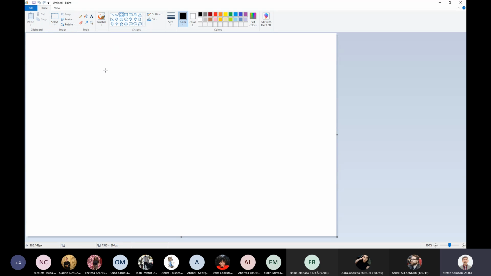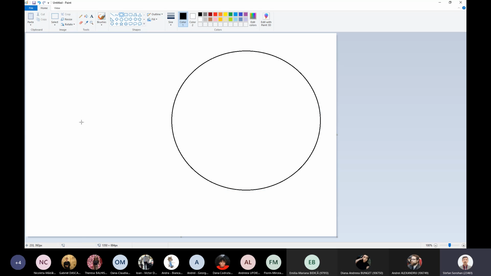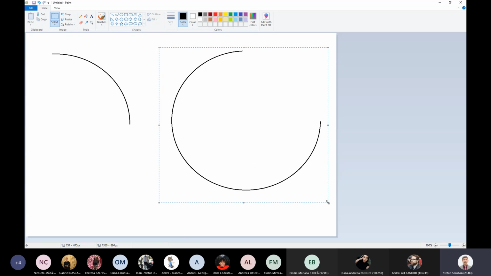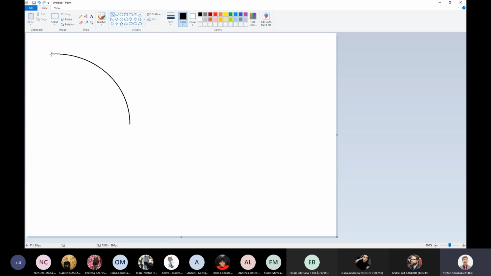Again let's draw, let's say this is a circle, and I will take just a quarter here. I will remove this one, and the mesh will be more accurate. That means I will take nodes in more points.